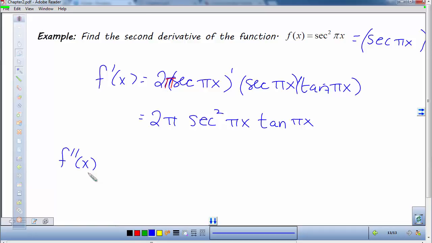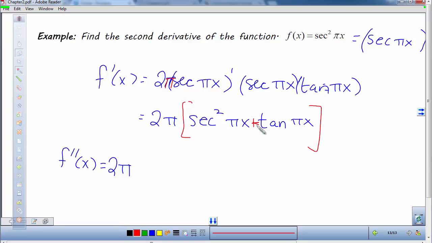So let's do it. The good news is 2 pi is a what? Constant multiple. So 2 pi is just going to go along for the ride, and I'm going to use the product rule on this.